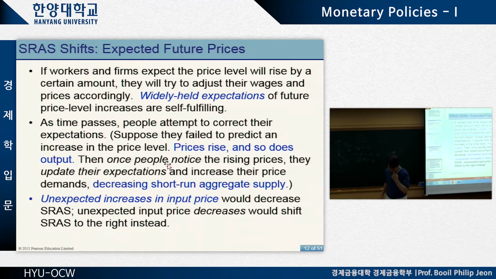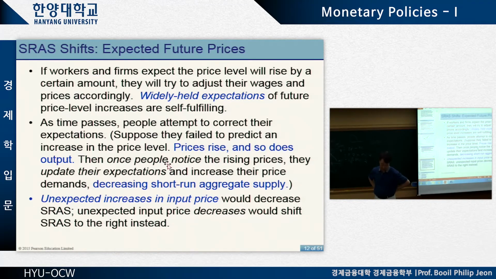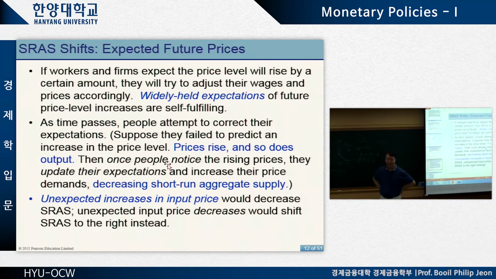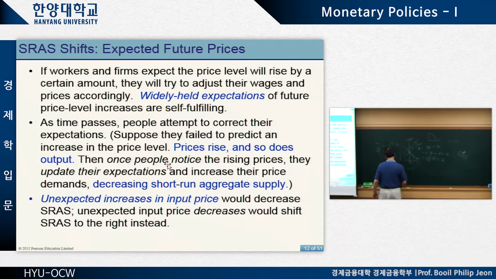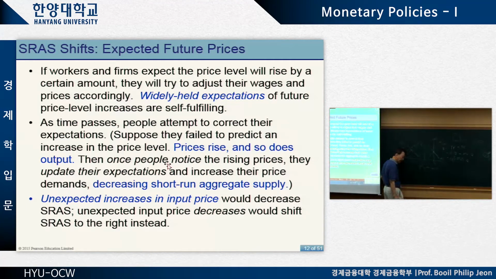It's an interesting idea. But anyway, here, widely held expectations of future price level increases are self-fulfilling. Let's try to understand what this means. We already talked about it actually here. Let's say most people, workers, believe that prices are going to rise in the near future.